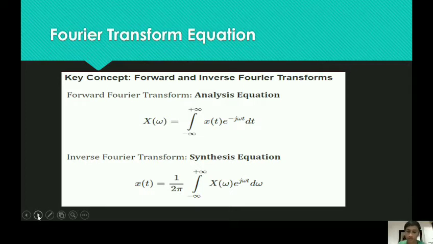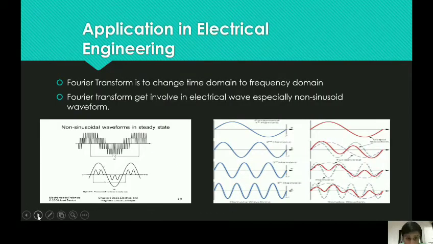Alright. Next one, application in electrical engineering. Fourier transform is to change time domain to frequency domain. Fourier transform is involved in electrical waves, especially non-sinusoid waveforms. Non-sinusoid waveforms are the main thing in Fourier transform, where they analyze and read the signal, and then apply the Fourier transform on it.